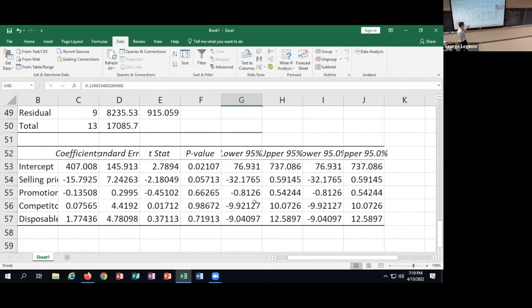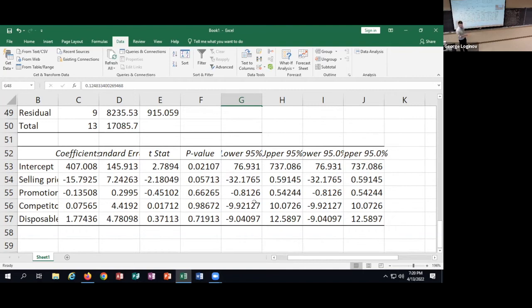And the usual thing is to look at the p-value and find the one with the highest p-value, which means that it's closest to zero statistical significance. This interval is centered almost near zero. So we're going to get rid of competitors' prices. Looks like competitors' prices are contributing less than everybody else does in terms of explanatory power.